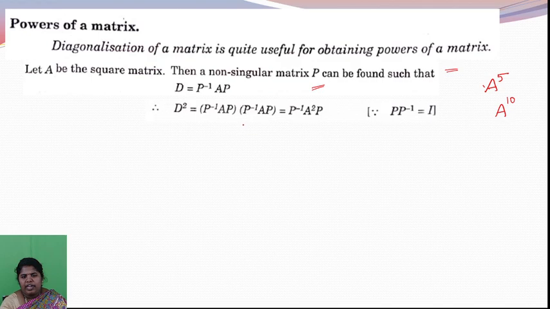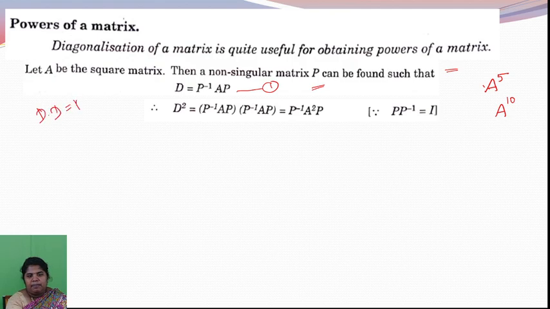Now take the square of this expression, that is D into D. So D into D gives P inverse AP into P inverse AP.